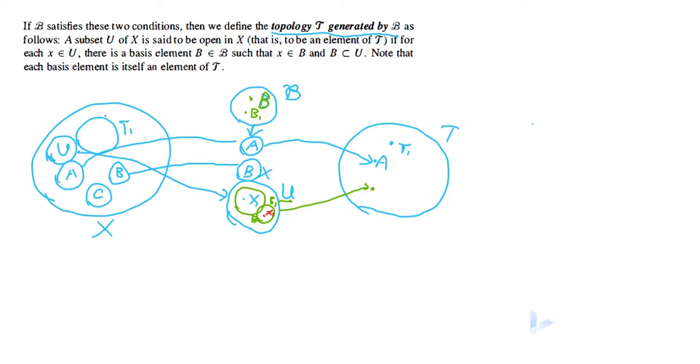Okay. There is one more thing, that is this sentence says that each basis element is itself an element of T. This means that all the basis elements inside the basis are elements of the topology T. So for example, because B1 is an element of the basis, B1 should be an element of the topology T as well.